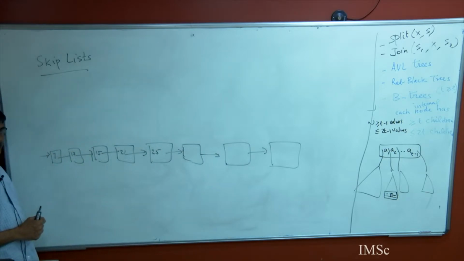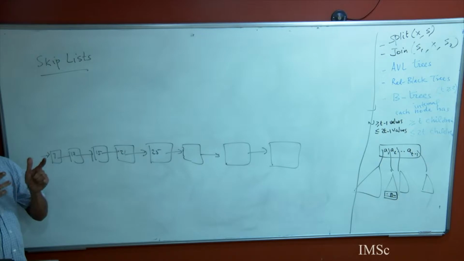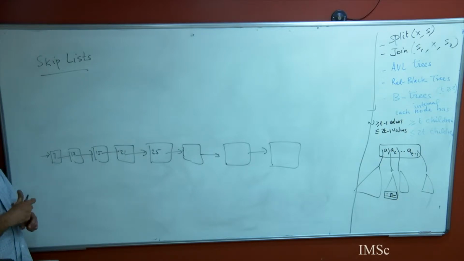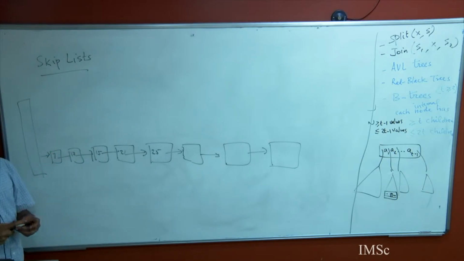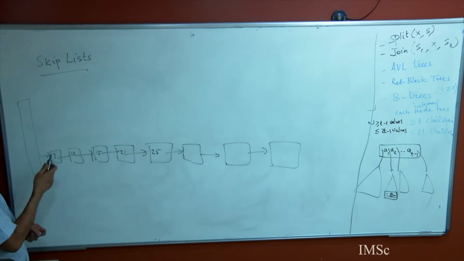If anybody is attending Saket's big data course, this has the idea of L0 sampling or geometric sampling he was talking about. The problem with a linked list is that you can't do binary search easily. So I'm going to keep every other element in a second list.